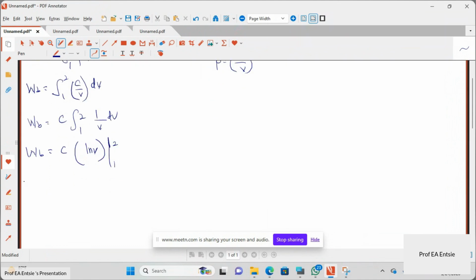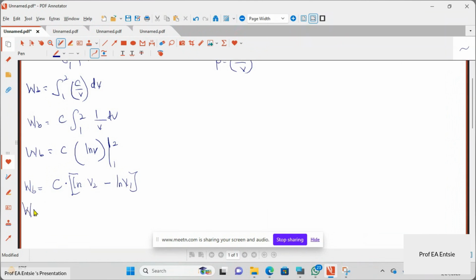So you get the work done by the boundary to be equal to C, which is a constant, times ln at the upper limit minus ln at the lower limit. Some of you may be wondering what this is.